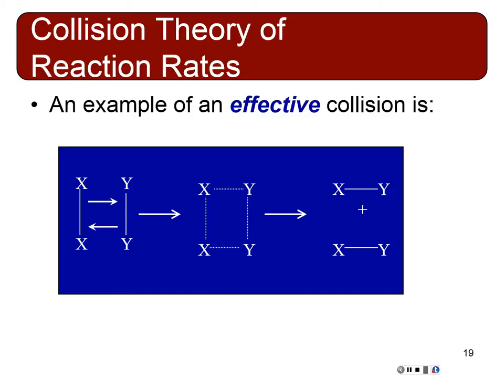This is just one collision together, so it's not 3 different ones. This is an effective collision. You have side-on-side overlap. So think of X and Y being carbon, hydrogen, whatever. They have to have side-on-side overlap. And when they do this, if we're trying to make an XY bond, what we're trying to do is rearrange, bonds break, new bonds form.